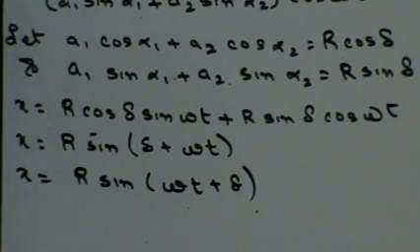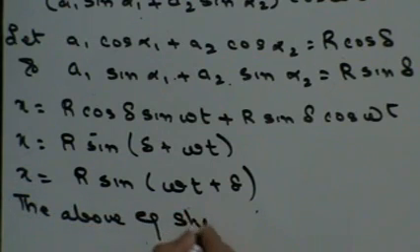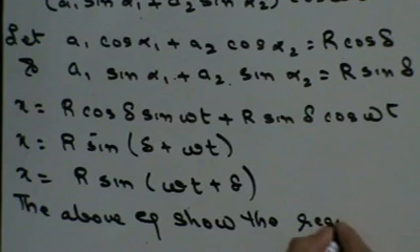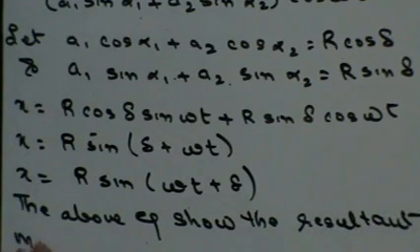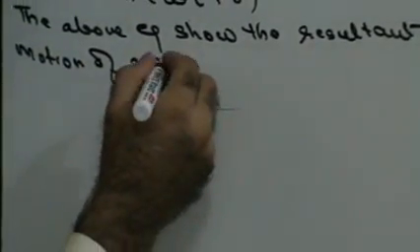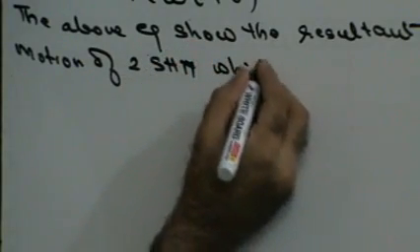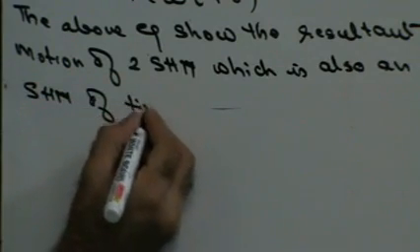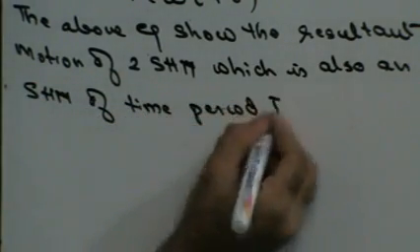So the above equation shows the resultant motion of 2 SHM, which is also an SHM of time period T. Okay, now let us try to find out what will be the amplitude and the phase of this SHM.